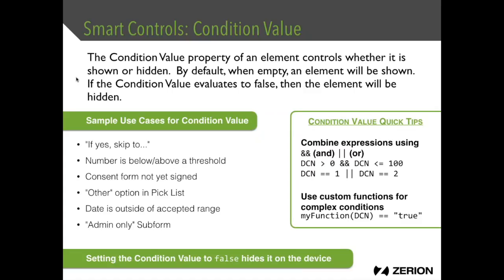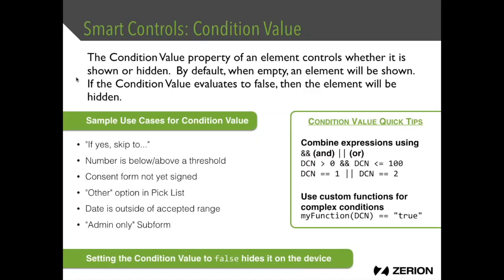So down at the bottom of this slide, you'll see where it says setting the condition value to false hides it on the device. By setting the condition value specifically just to the word false, you're going to always have that element hidden. Sometimes we'll see elements that are used for calculations or to hold a placeholder value, and these are not going to want to be shown to the data collector. And so those elements, commonly, you'll see the condition value set to false so that they're always hidden.